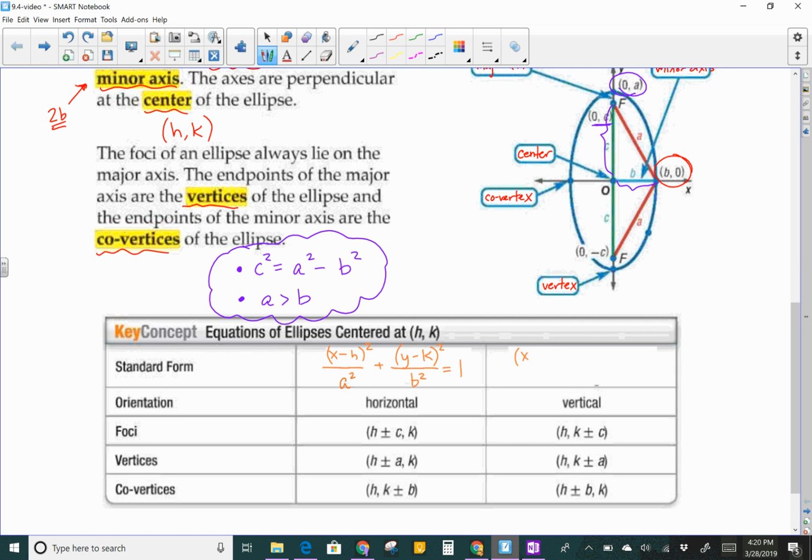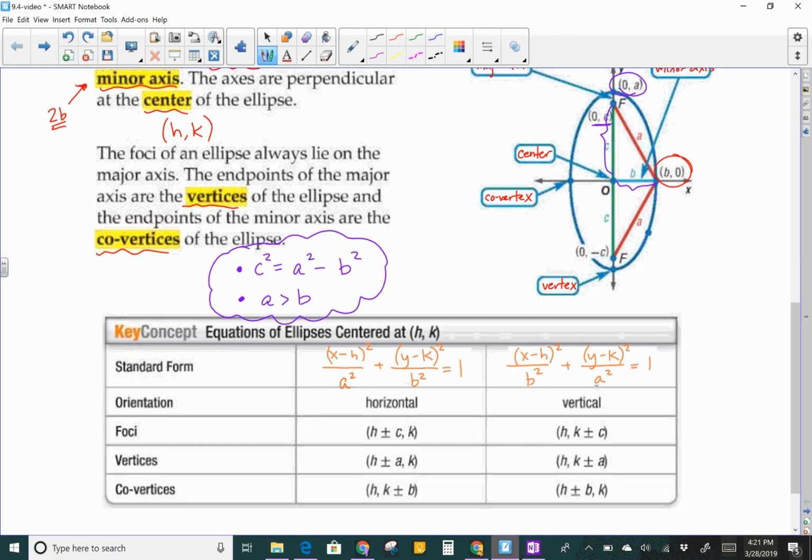So they'll say the same thing, (x minus h) quantity squared plus (y minus k) quantity squared equals 1. If it's vertical, then the bigger number is going to be underneath the y. So notice I'm telling you bigger number. I'm not telling you A or B. I mean, yes, you got to know that in certain instances, but more importantly, the bigger number tells you which way the ellipse is going to go.